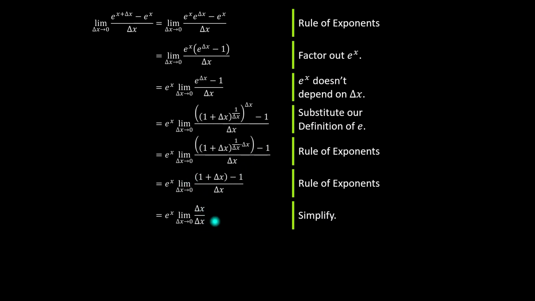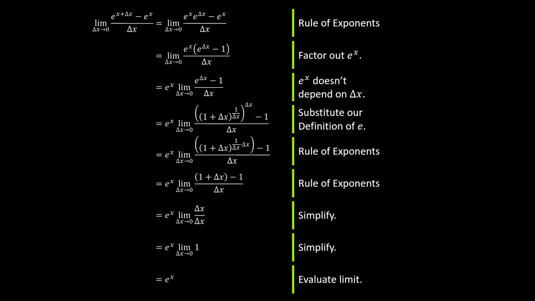Now, I still can't evaluate my limit because that would give me 0 over 0, which is indeterminate. But I could simplify away those delta x's. Now I'm taking the limit of 1, which is about as simple as a limit could get. You can't really ask for better than that. As delta x goes to 0, the limit of 1 just stays itself. So I can evaluate that limit, and I just get e to the x. All that annoying algebra to get e to the x.